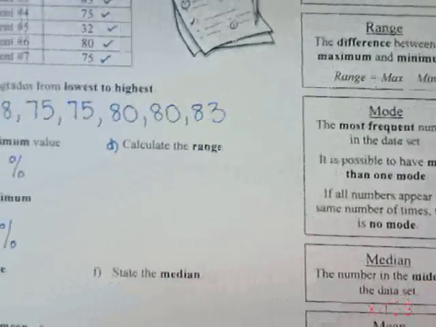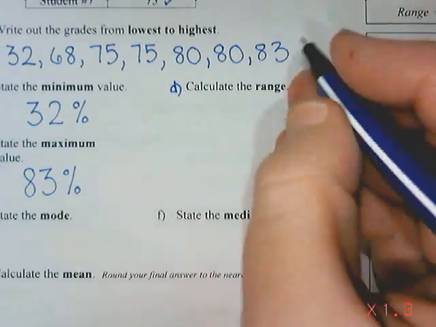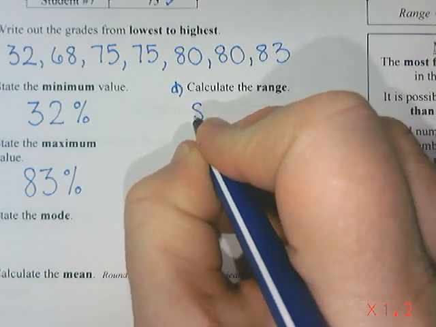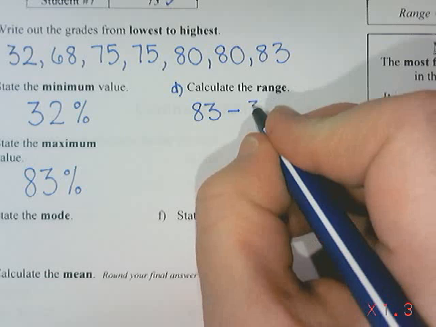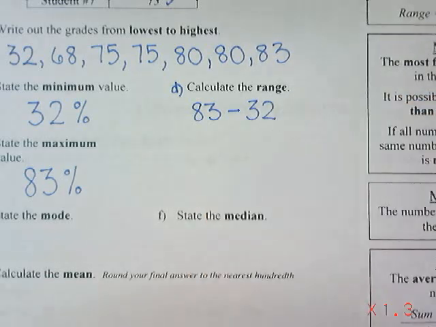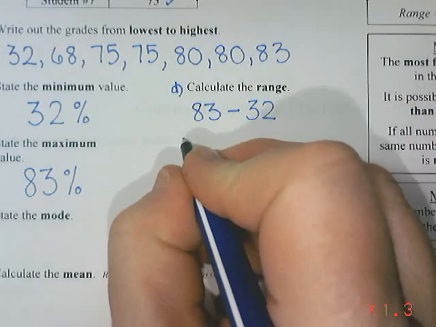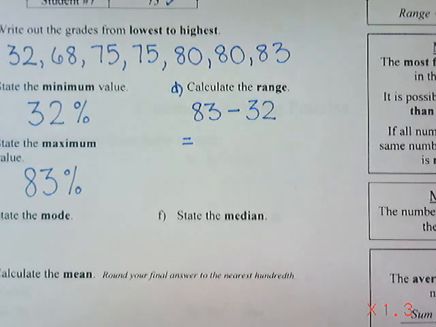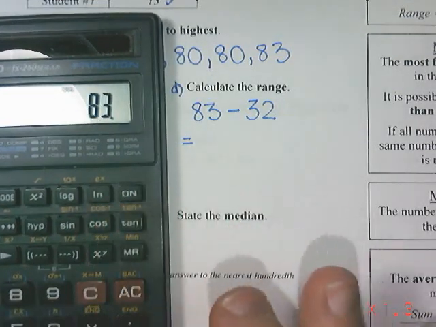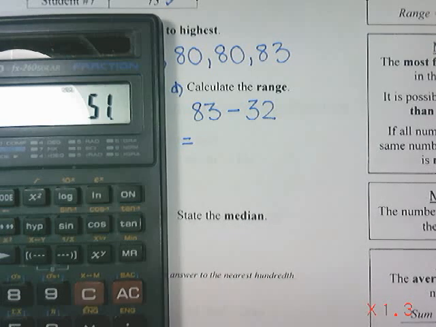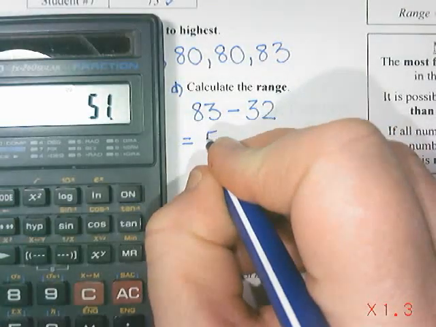So to calculate my range, I'm going to take my largest number, which is 83, and subtract my smallest number, which is 32. And then underneath that, I'm going to write that that equals, let's calculate, 83, take away 32, which is 51%.